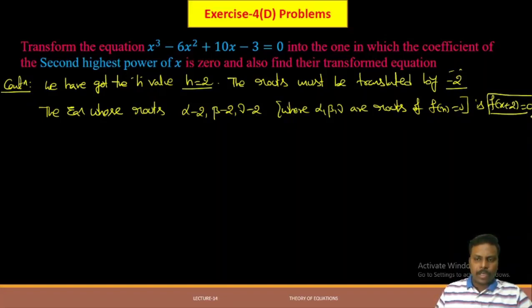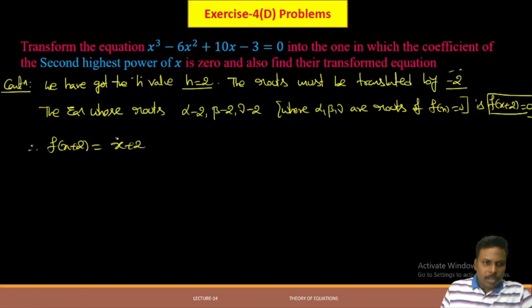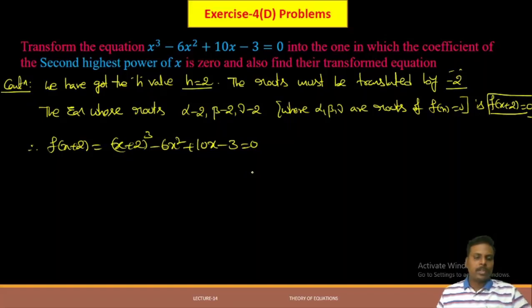This we have seen earlier. So we have to find out f of x plus 2. So f of x plus 2 is equal to x plus 2 whole cube minus 6x square plus 10x minus 3 is equal to 0.